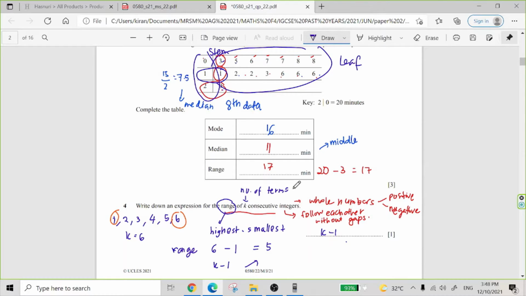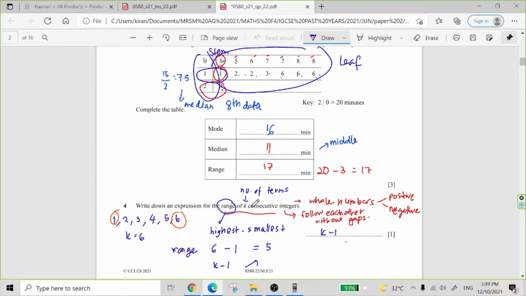Integers are whole numbers, either positive or negative, and consecutive means these numbers follow each other without gaps. Like 1, 2, 3, 4, 5, 6, and so on. That is consecutive integers.